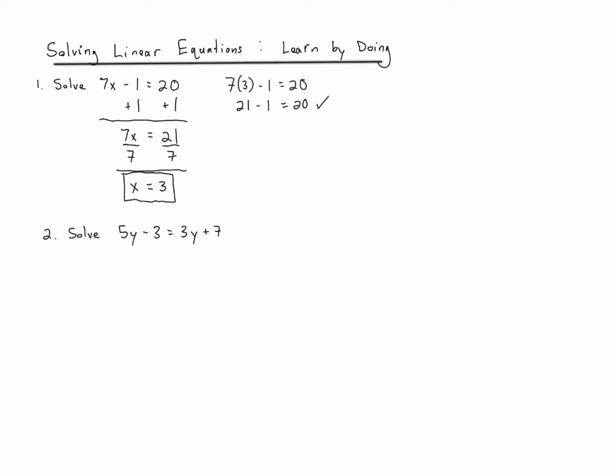Now there are 2 different possibilities here, and I actually want to look at both of them. The first possibility is that we could subtract 5y from both sides of the equation. What that does for us is it cancels the y terms on the left-hand side, eliminating y from the left.